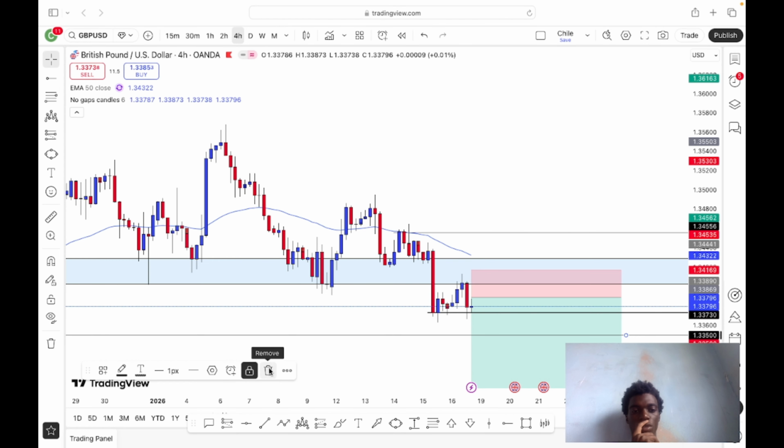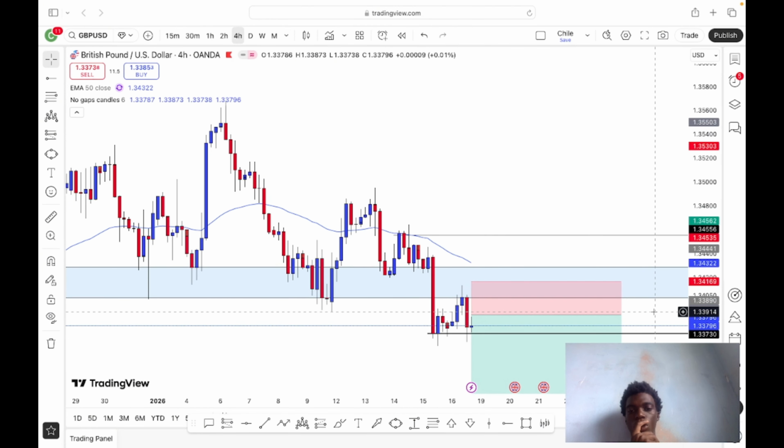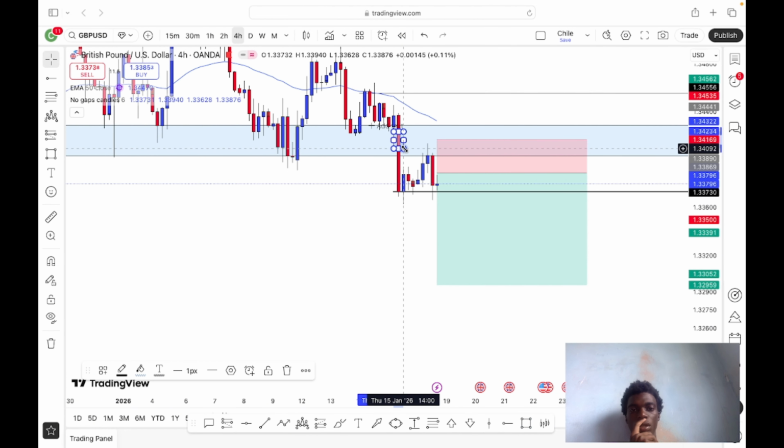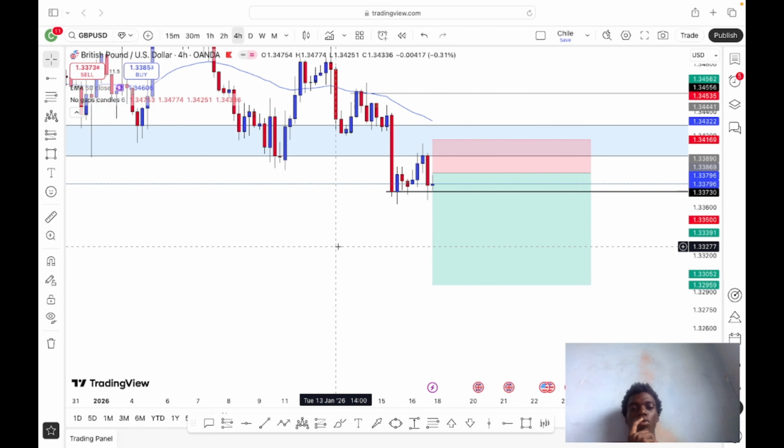But there are things which I have to wait for to take this trade, because price has created an imbalance. As you can see, I won't explain everything, but that's just a brief explanation of how I approach the market.